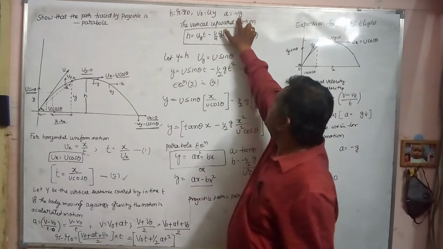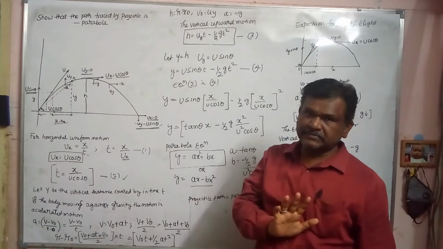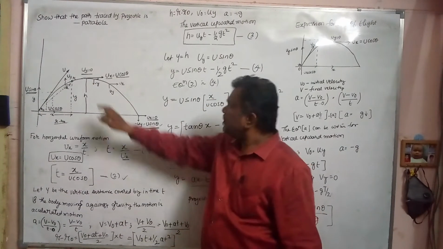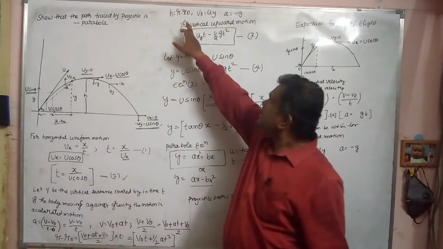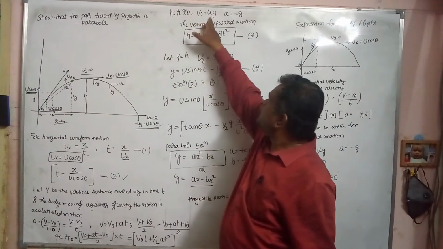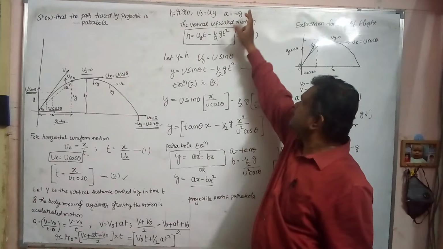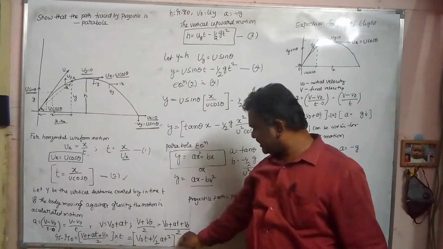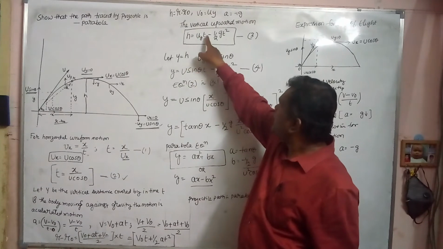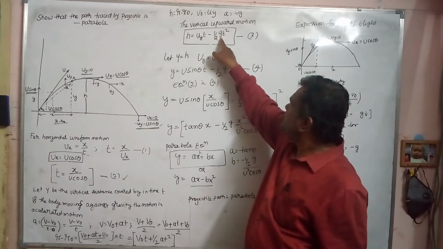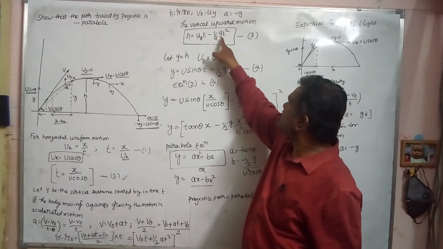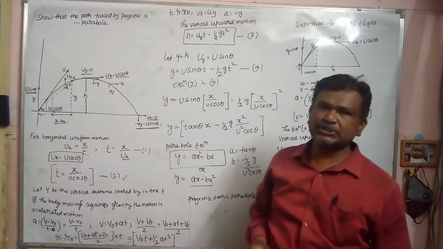That's why it is indicated as minus g. The particle, when it has reached here, h is equal to r minus r naught, v naught is equal to uy, and a is equal to minus g. Just substitute in this equation, replacing v naught with uy and a with g, so h equals uy t minus half g t squared. Here g is the acceleration due to gravity.